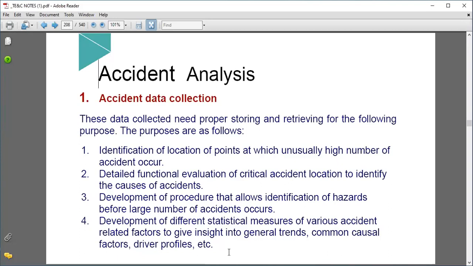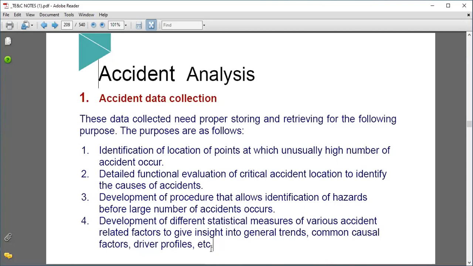Based on this, we'll make a judgment about where accidents occur more, and what type of provision we have to make on the route. So that type of analysis we will make, based on the collection of data from the location.